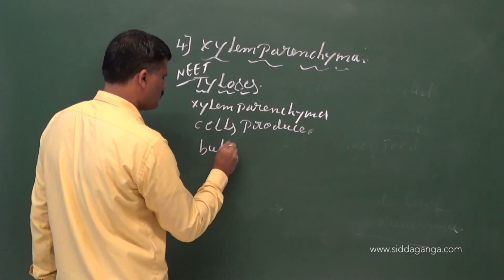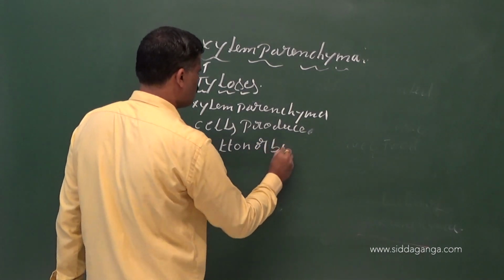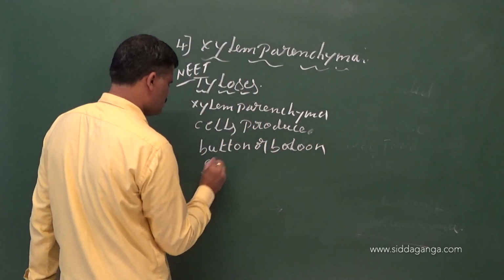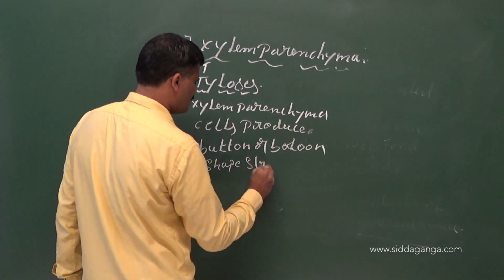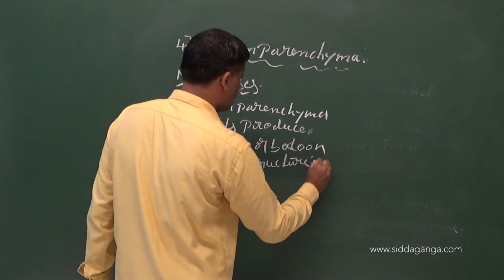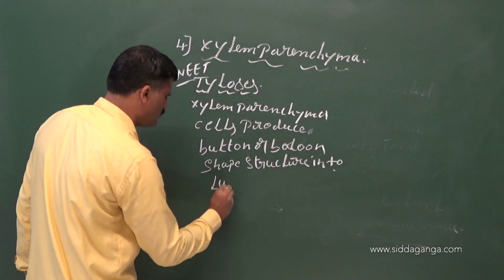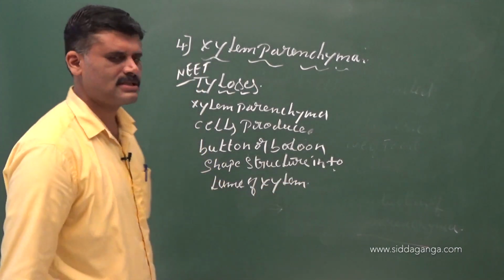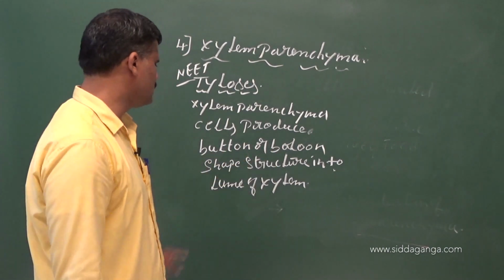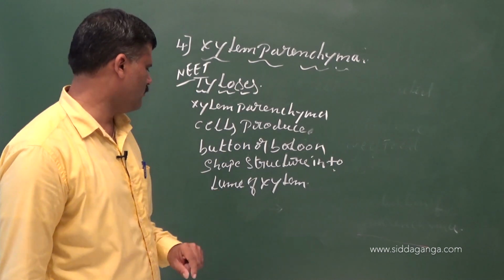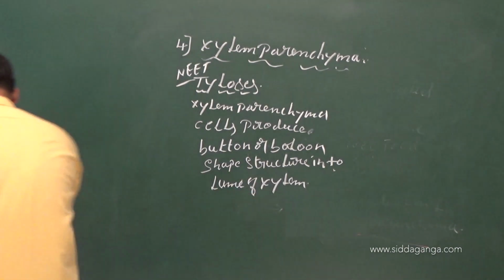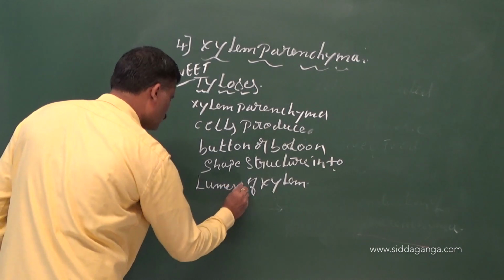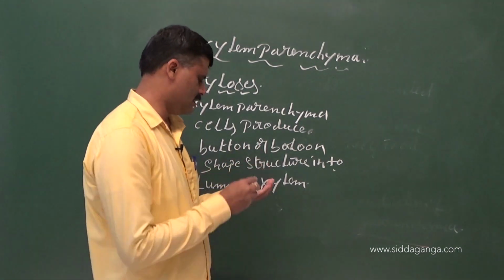The xylem parenchyma cells produce button or balloon shaped structures into the lumen of xylem, which are called Tyloses.